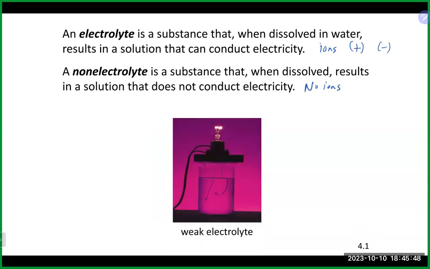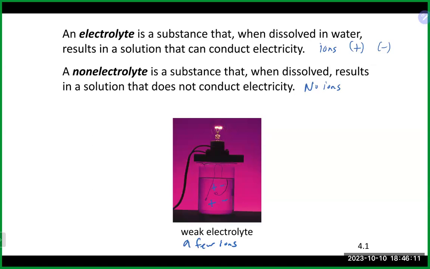There are different types of electrolytes. There's a weak electrolyte, which produces a few ions. So even though it doesn't produce a lot of ions, there are still some ions floating around in that solution, enough for it to conduct electricity. And if you looked at the light bulb, it'll come on, but it'll be kind of dim.